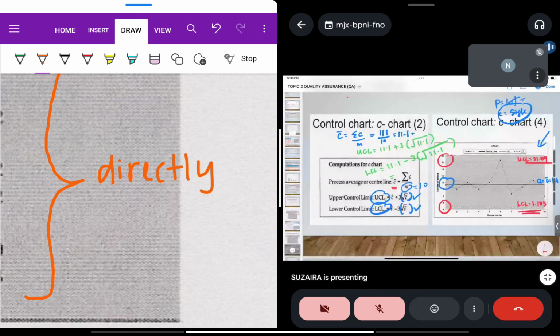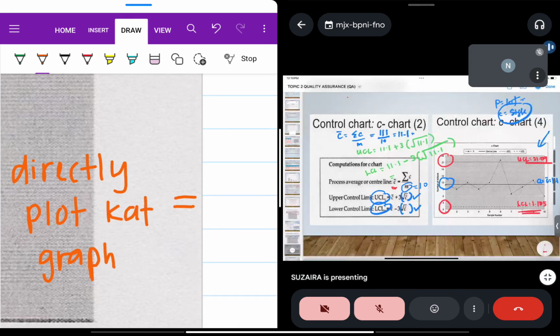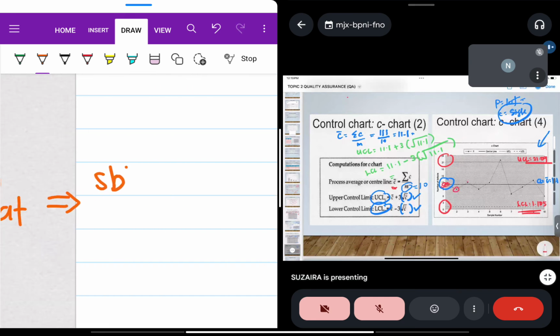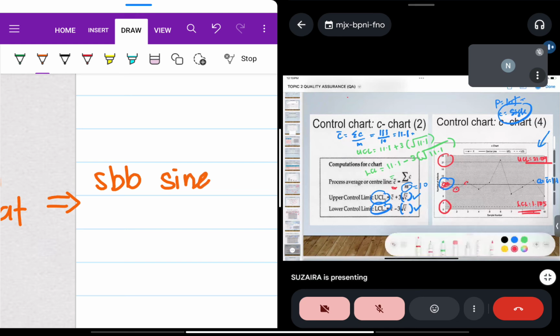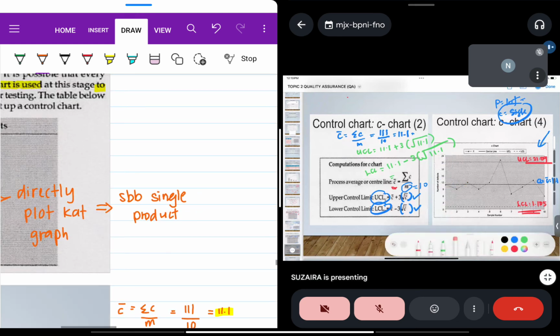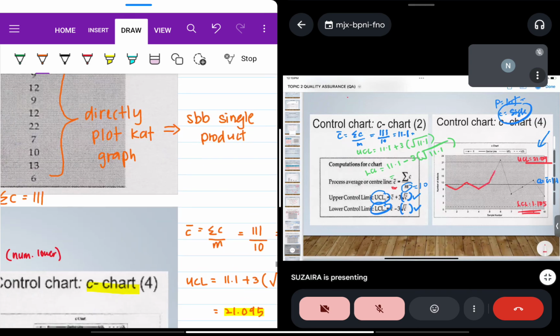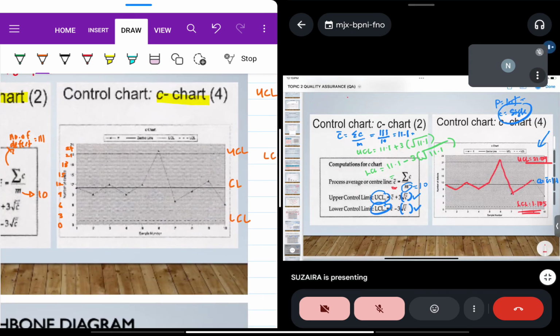So you observe each product. 11, for example, this one is 9. I'll erase this first. What you need to do is connect the dots, and the range is between the UCL and LCL.